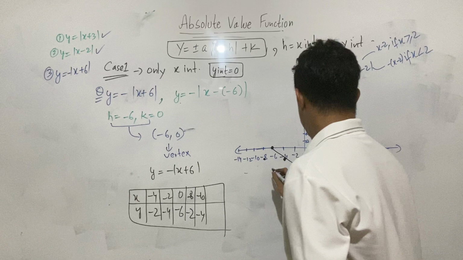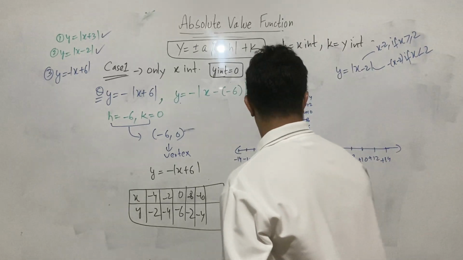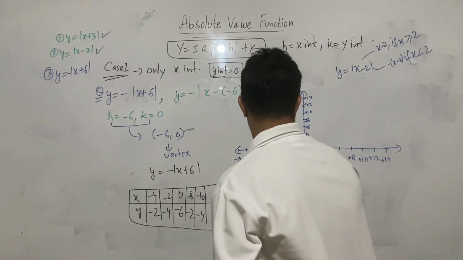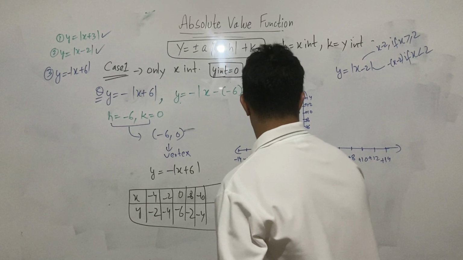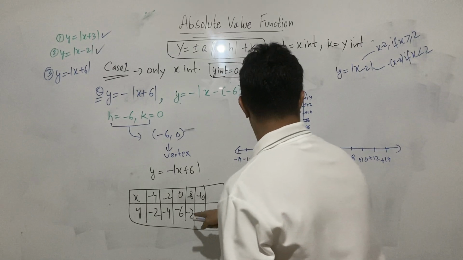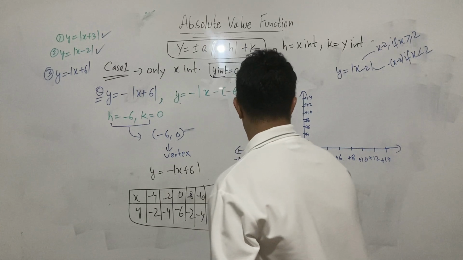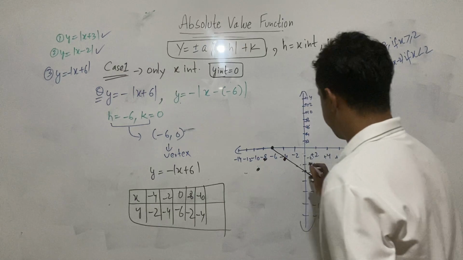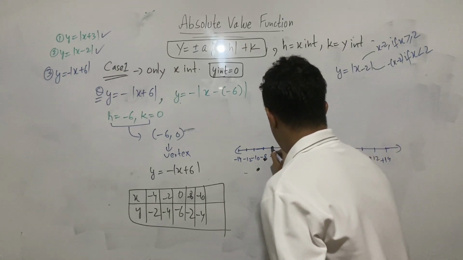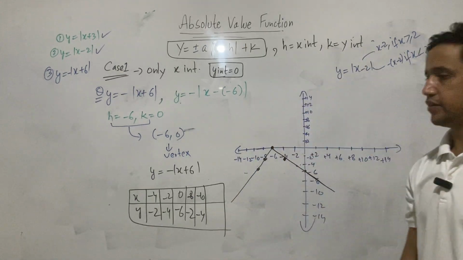Okay, minus 4, minus 4, minus 8, minus 2, minus 10 here. And okay, so if you draw it, it's going to be this.